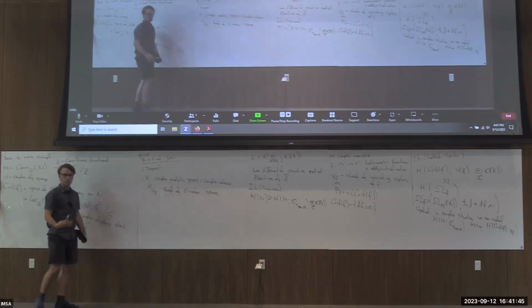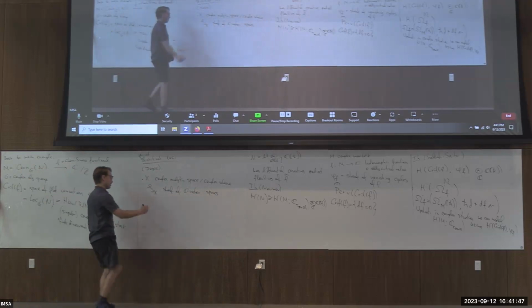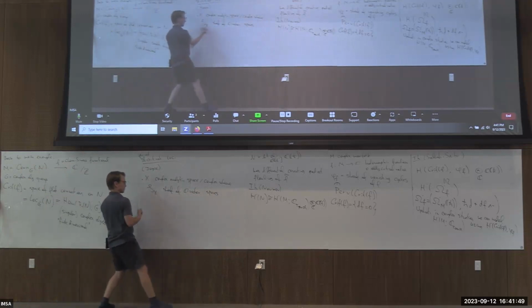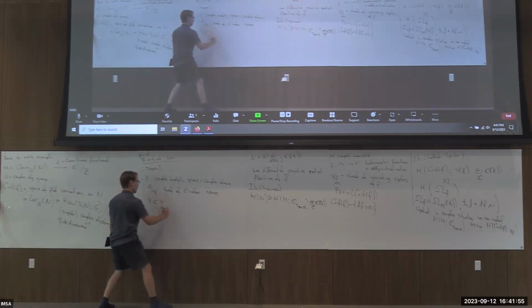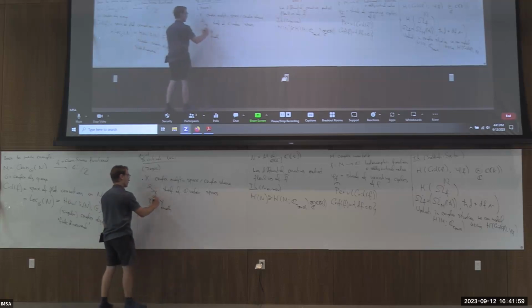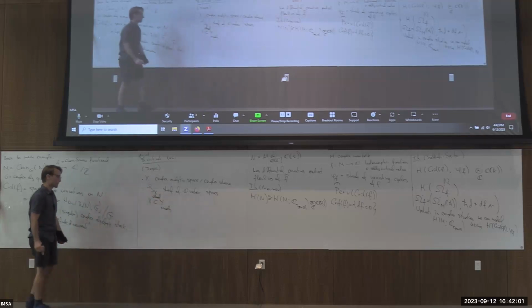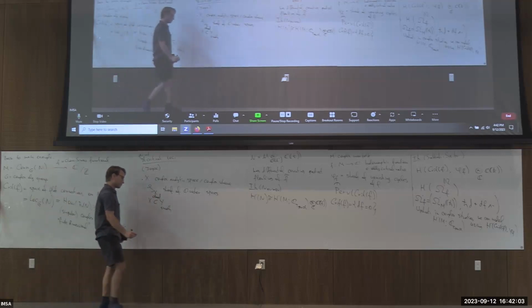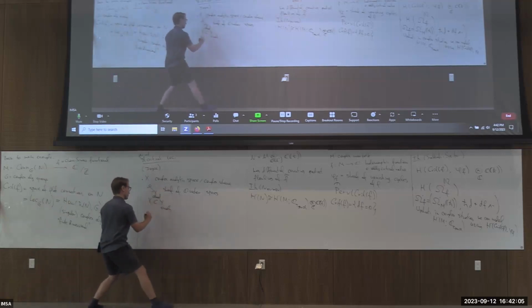X is something singular. So if you embed X into something smooth, as a closed subscheme, you can define this sheaf in the following way.